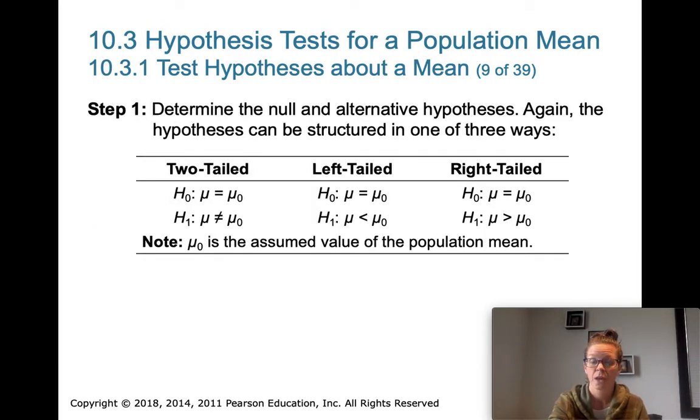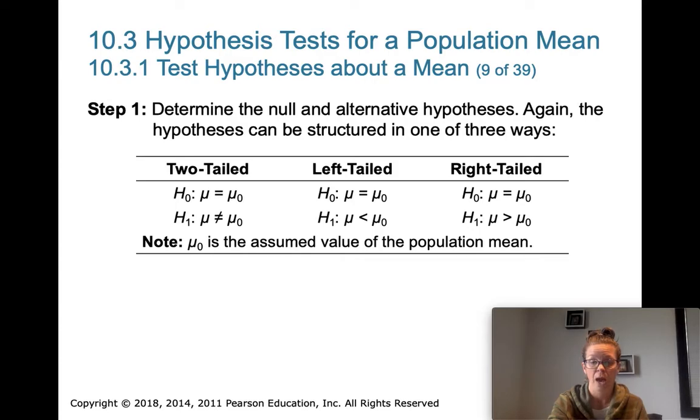Just like with the proportion test that we did in the last section, we have 3 kinds of hypotheses. Our null hypothesis is always a statement of equality, that the mean is equal to something, and that's our status quo, or our assumption given past history of this study being done.